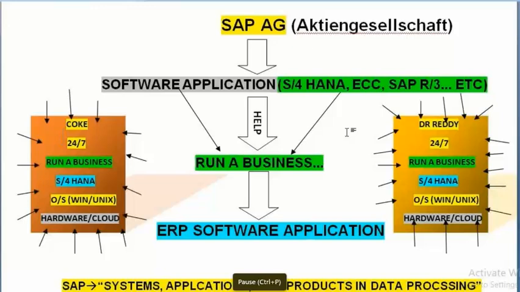Guys, are you seeing these arrows here? These arrows represent that the employees of this company are logged into this system on a daily basis. The people responsible for sales are creating sales orders in the system. People responsible for buying raw material are creating purchase orders.